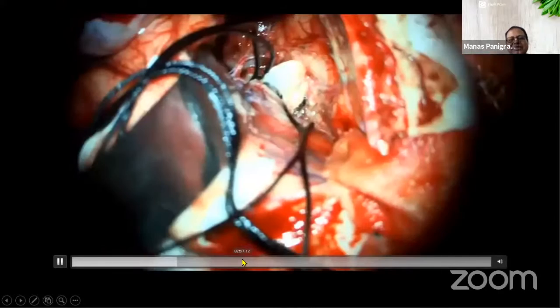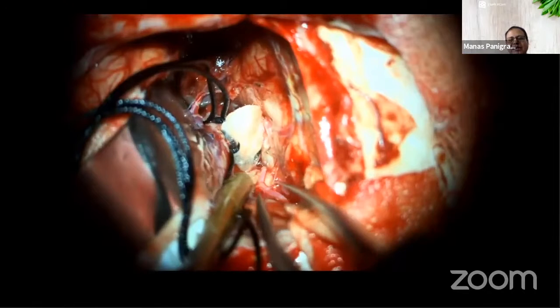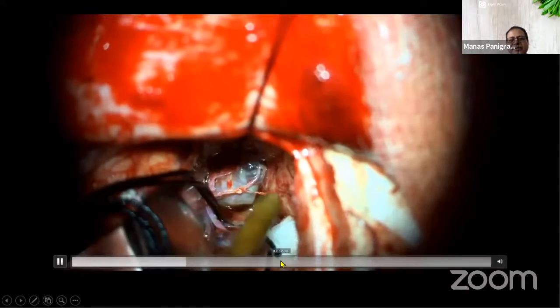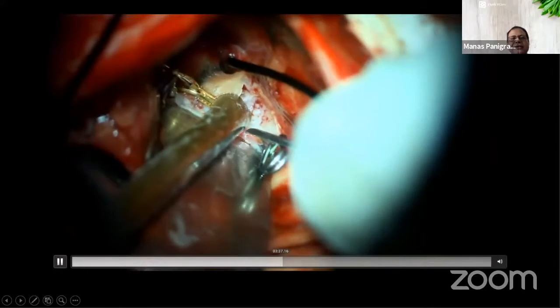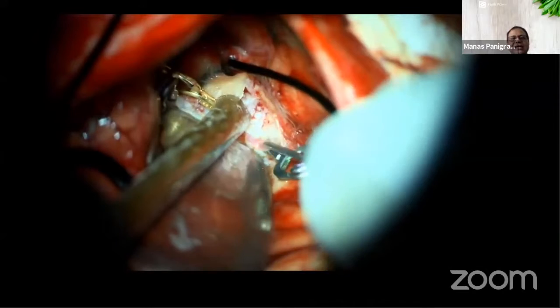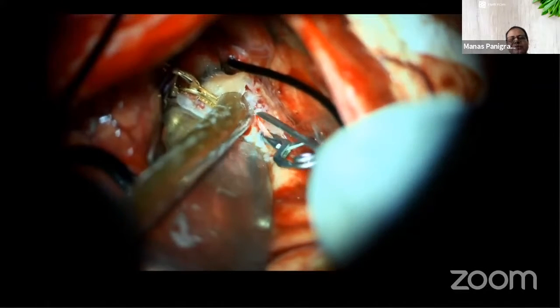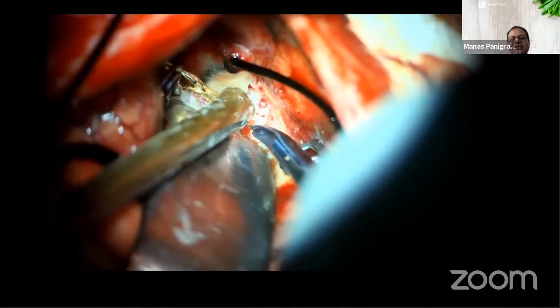So we mobilized the distal vessel, then identified the pericallosal artery. And then we did a reimplantation of the distal parent vessel on the pericallosal artery.